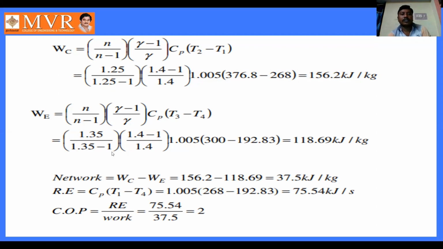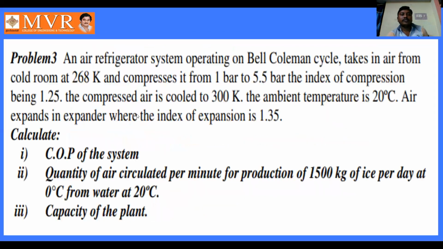We already know that gamma is equal to n, or we can use n is equal to gamma. The gamma value for compression has been given here as 1.25.